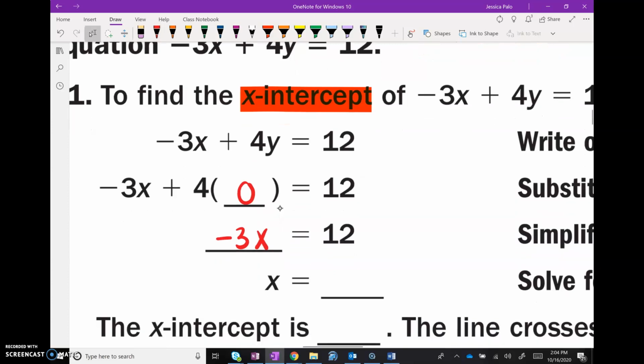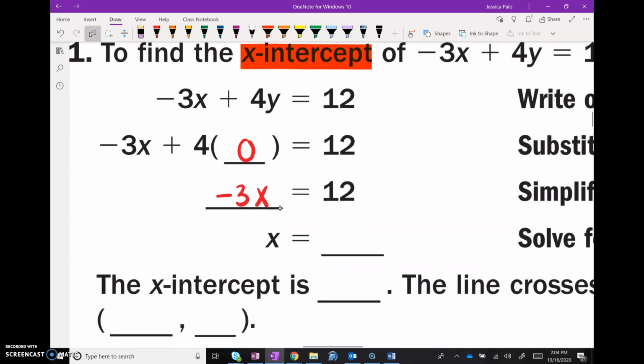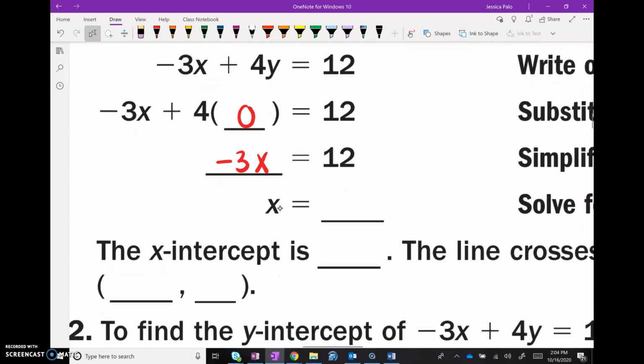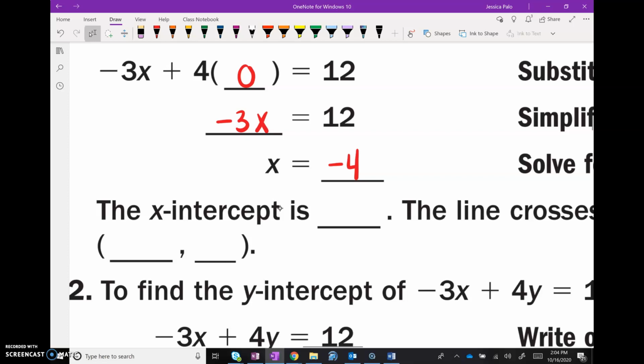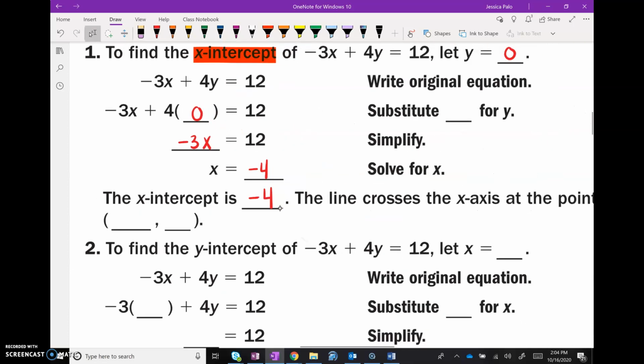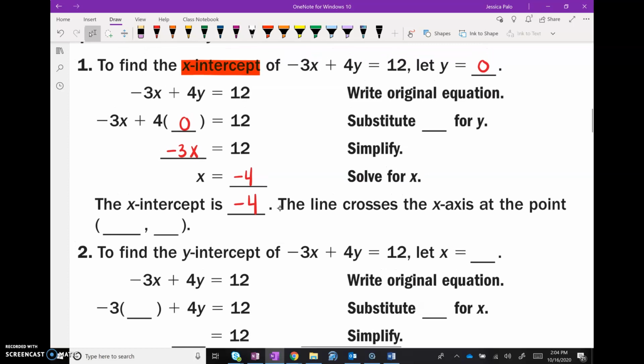Now to solve this one-step equation, we'll divide by negative 3 on both sides, which means we are left with x equals negative 4. The x-intercept, where the line crosses the x-axis, is going to be negative 4. And that means this coordinate is negative 4, 0.